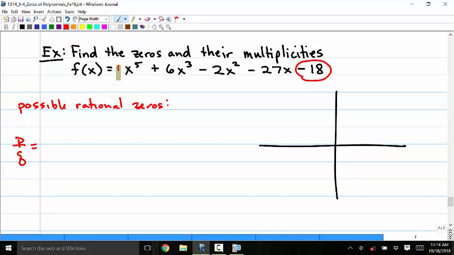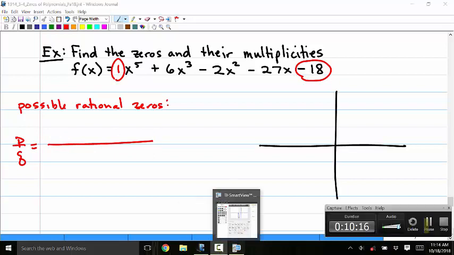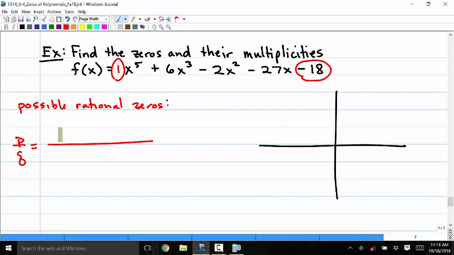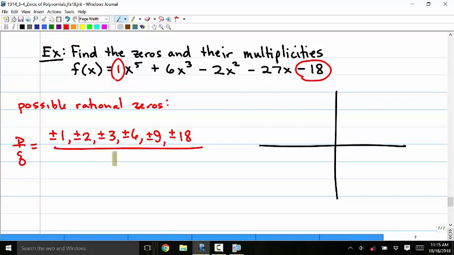Q has to be factors of the leading coefficient 1. Okay, possible factors of 18, plus or minus 1, 2, 3, 6, what else? 9, and 18. All over 1.